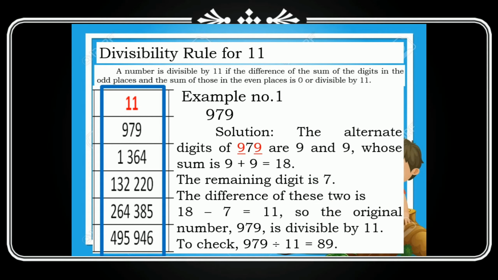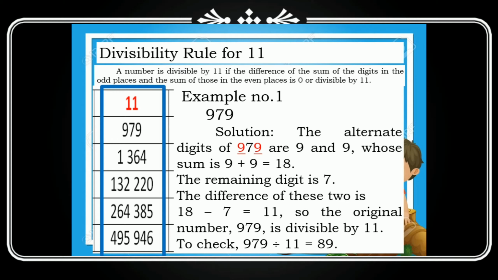And these are the different examples of numbers divisible by 11. We have 979, 1,364, 132,220, 264,385, 495,946. For example number 1, 979.